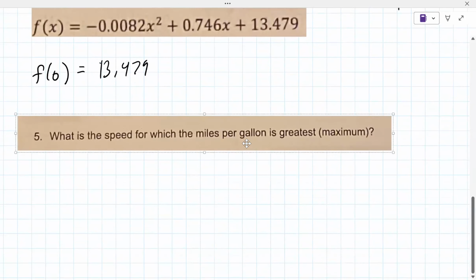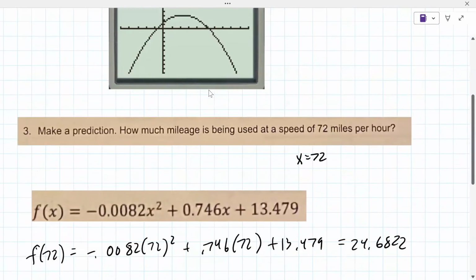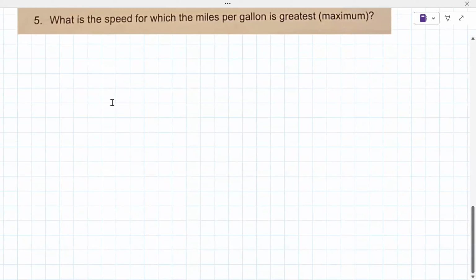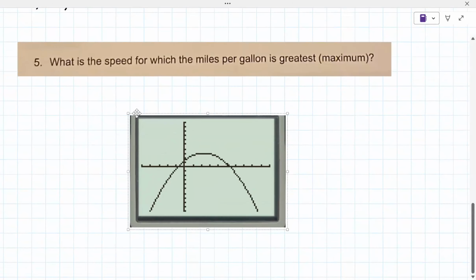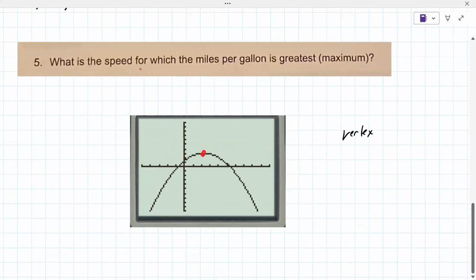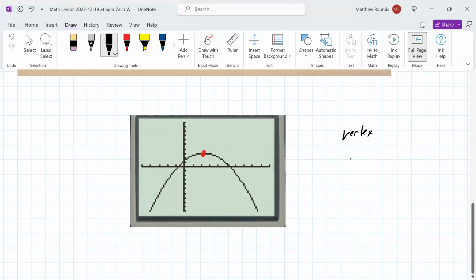Okay. All right. So to do number 5, we're going to go back to the graph, and we're going to actually go back to the calculator as well. So we're interested in the vertex. The vertex is roughly there, I'll say. And the calculator can determine the vertex for you.